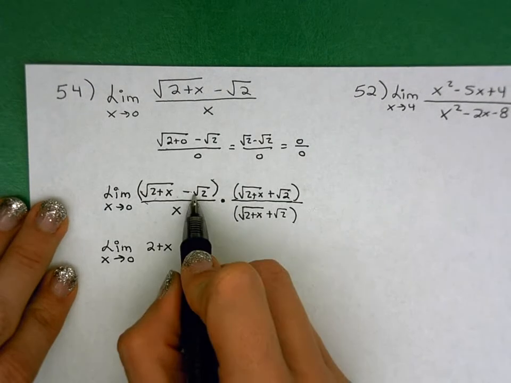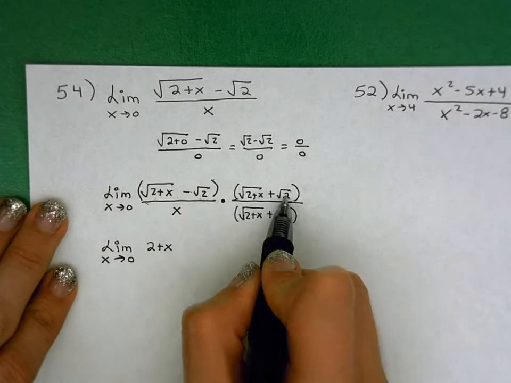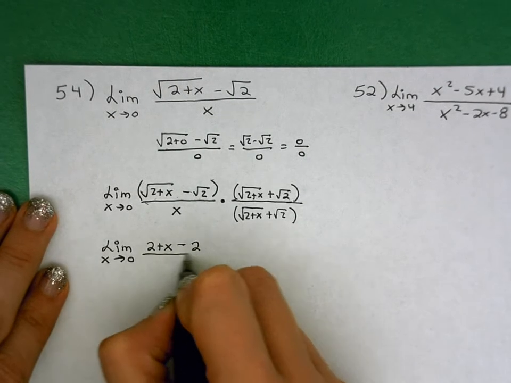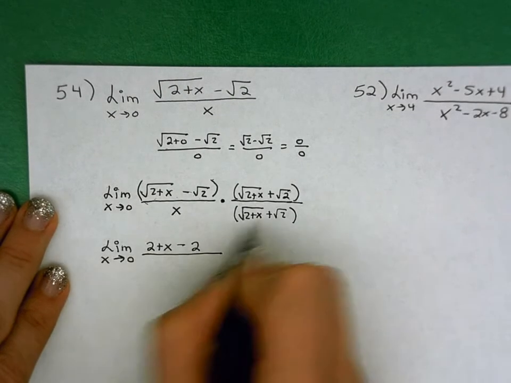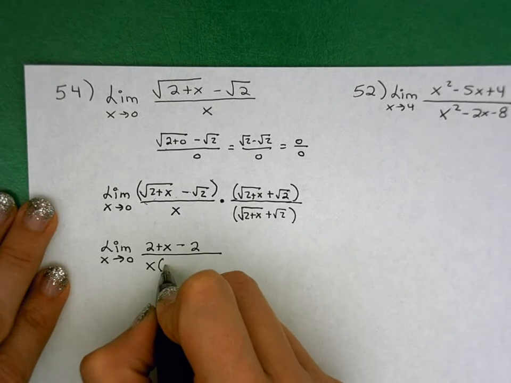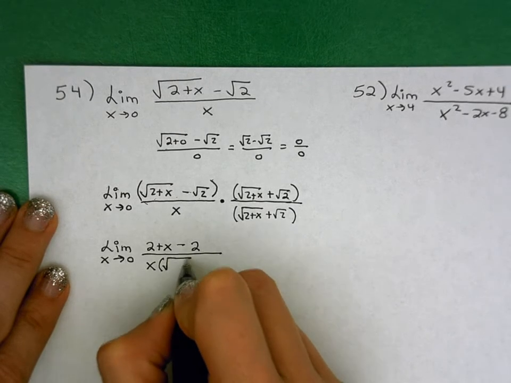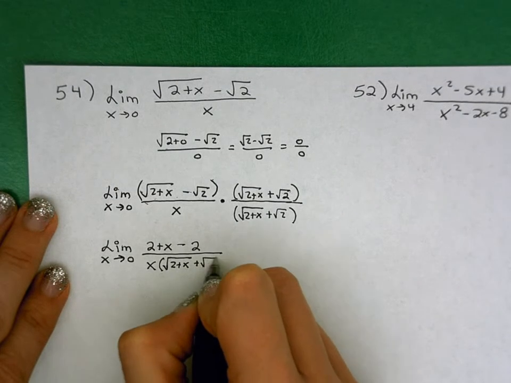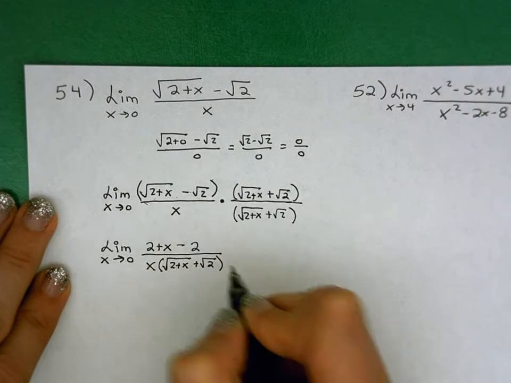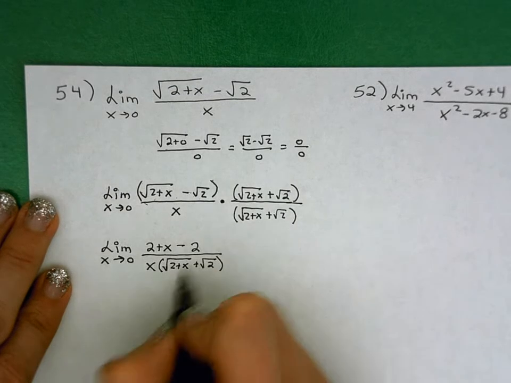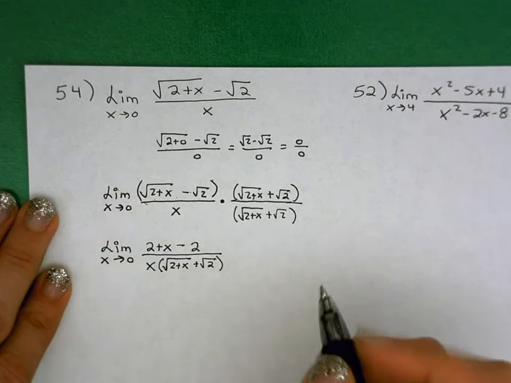And then we have our last: negative root 2 times positive root 2, which is negative 2. All over, and don't distribute or FOIL or expand the denominator in any way. Like we said in class, 9 times out of 10, you'll end up simplifying, so you don't want to expand it because then you'll have to undo that expansion. So we're just going to set this x and the quantity over here next to each other.